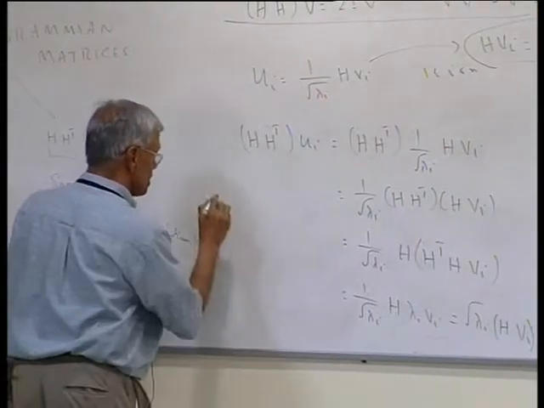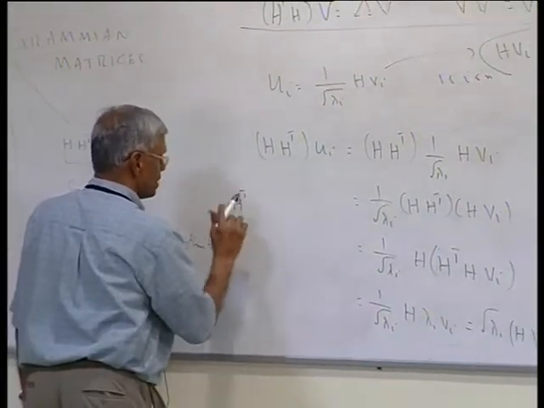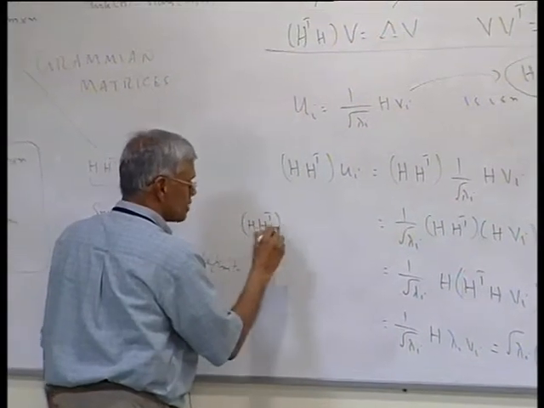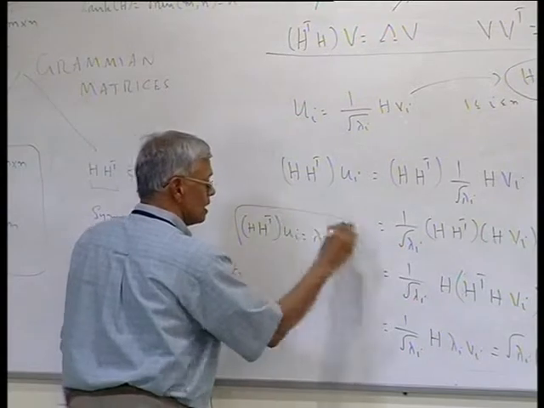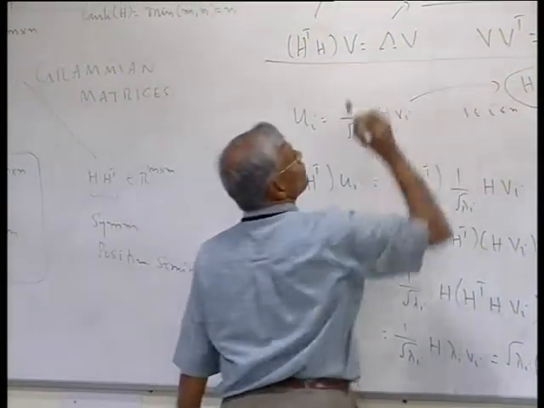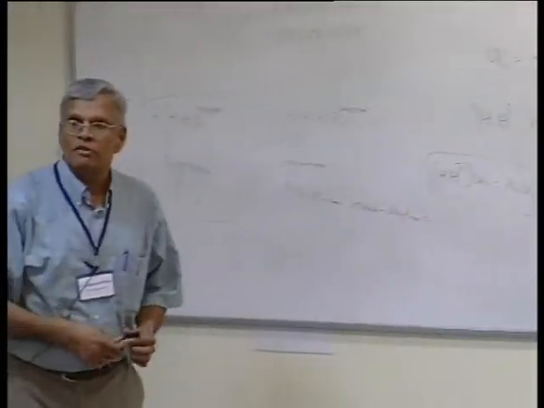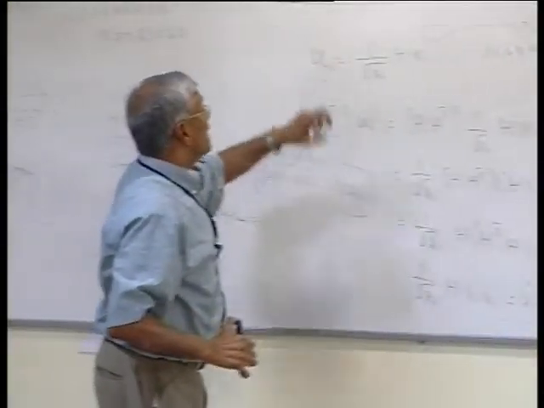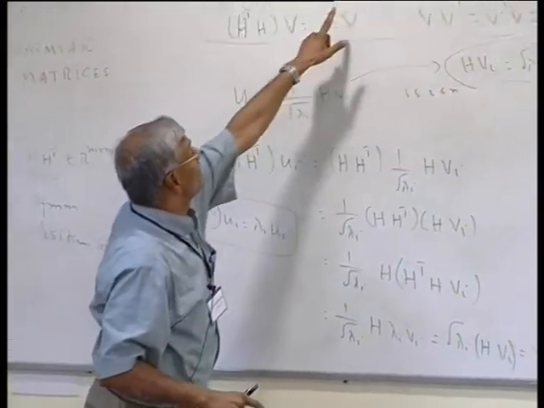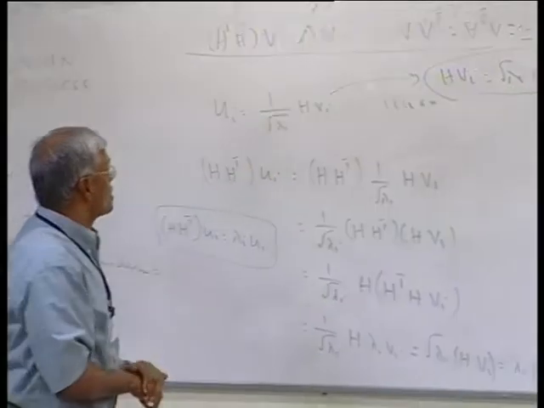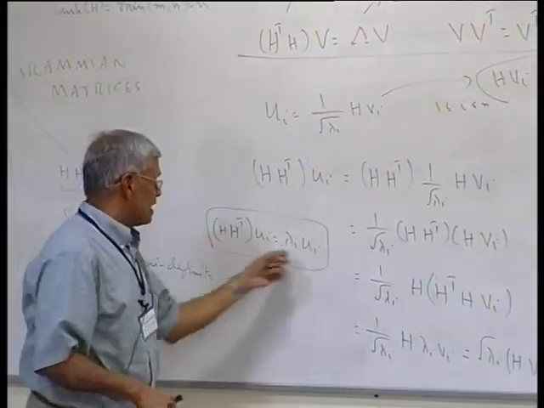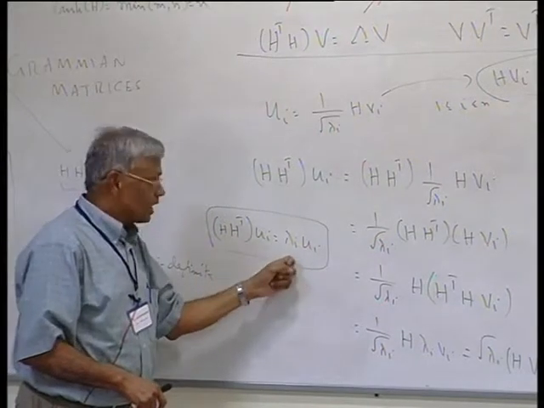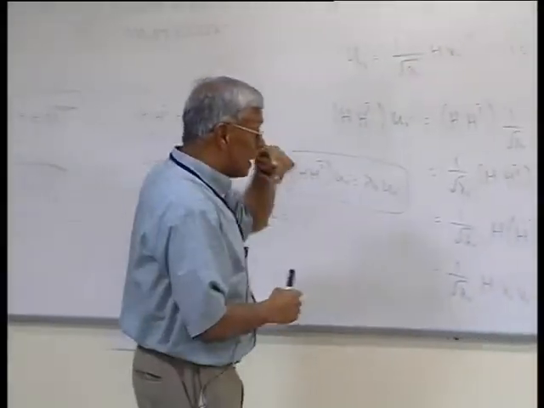So what I have now shown is, H transpose UI is equal to lambda I UI, then this is true. I have shown that if VI's are the eigenvectors of the Gramian H transpose H, and if UI is concocted like this, the UI happens to be the eigenvector corresponding to lambda I. So what does this mean?